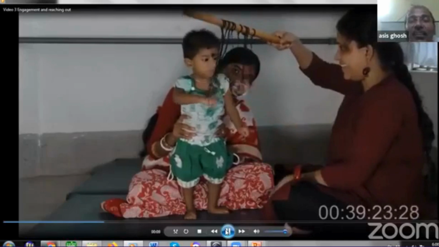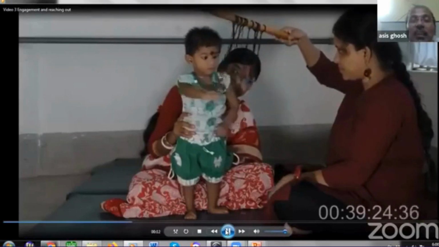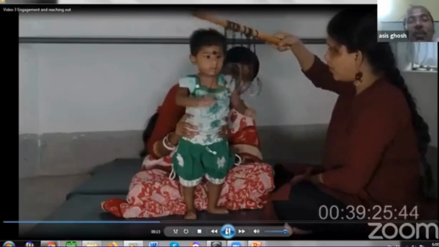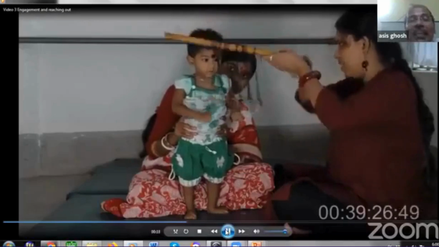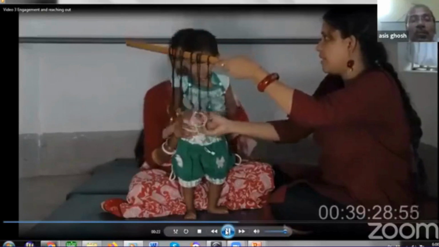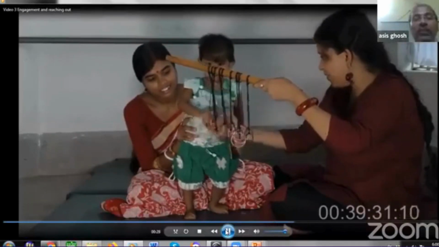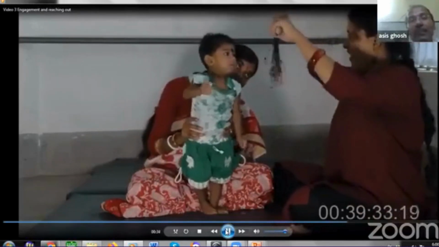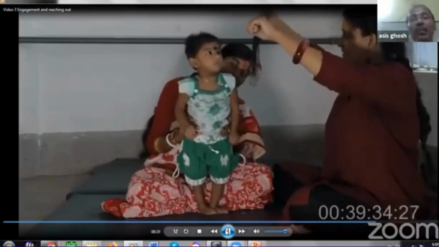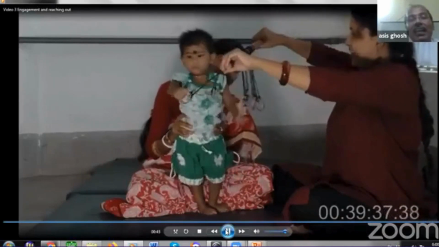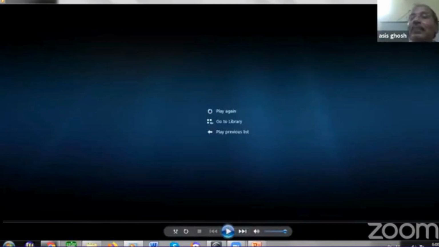And out there is our special educator. She's working with the child. I have just told the mother to hold the child in a standing position. So the child is standing, shifting her body weight from right to left, and we are also moving the toy from the right side to the left side. The child is changing his gaze from right to left, trying to understand the language, what she's saying. And she's saying, use both your hands.